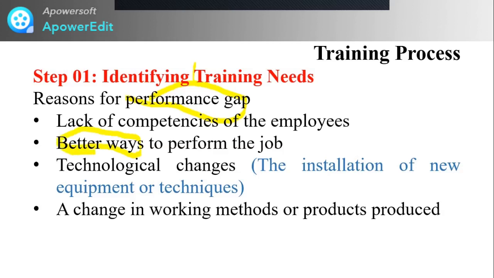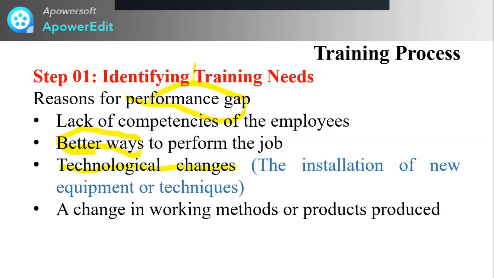The worker knows the proper, accepted way. But we can introduce a better method, and through the new method we can increase the performance. Then technical changes. As a result of technical changes, workers' knowledge and awareness go down.